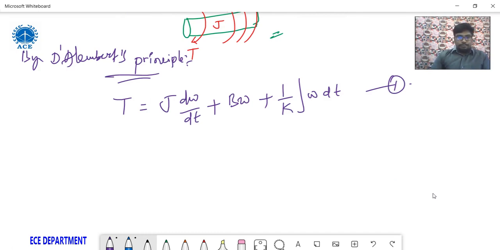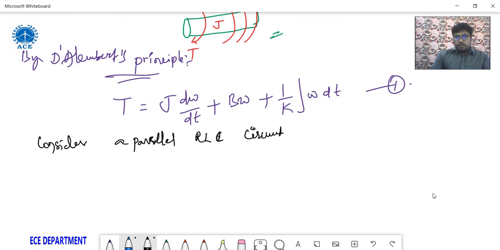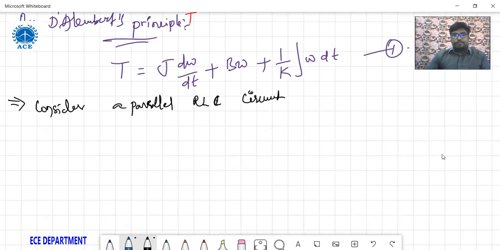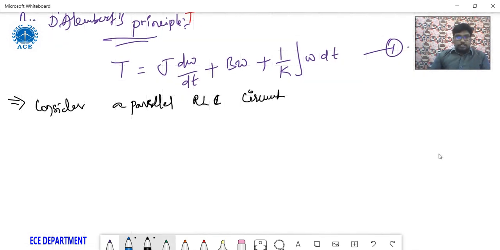Now consider a parallel RLC circuit. Let us see the parallel RLC circuit.